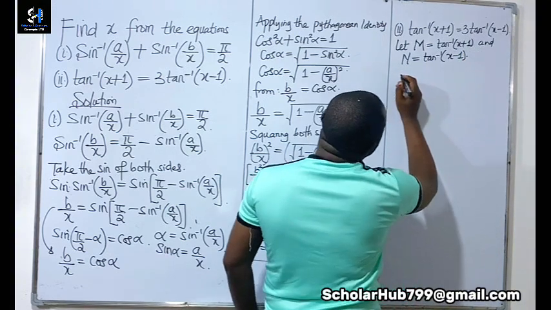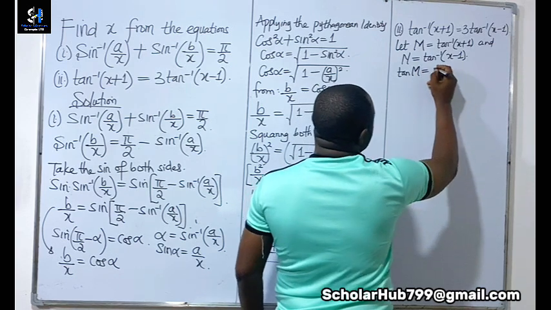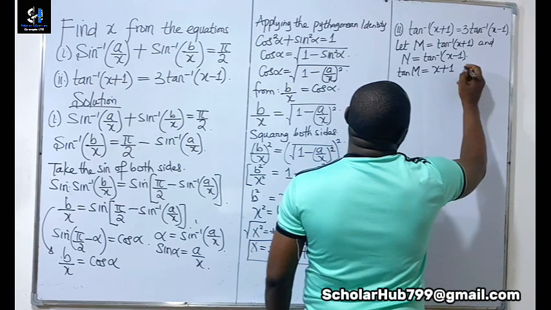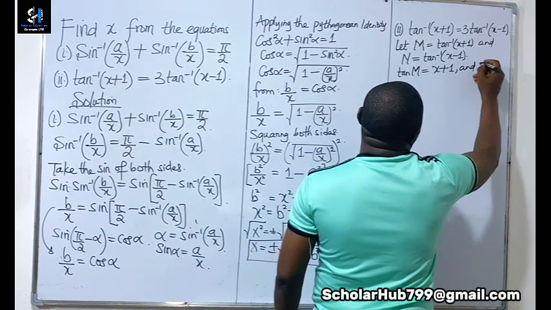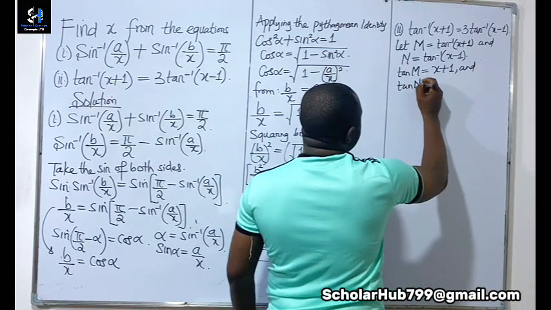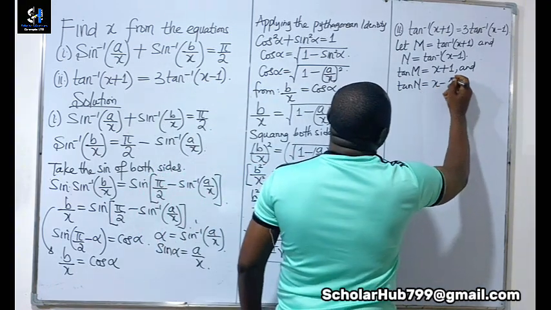Which means that tan m will be equal to x plus 1, and tan n will be equal to x minus 1.